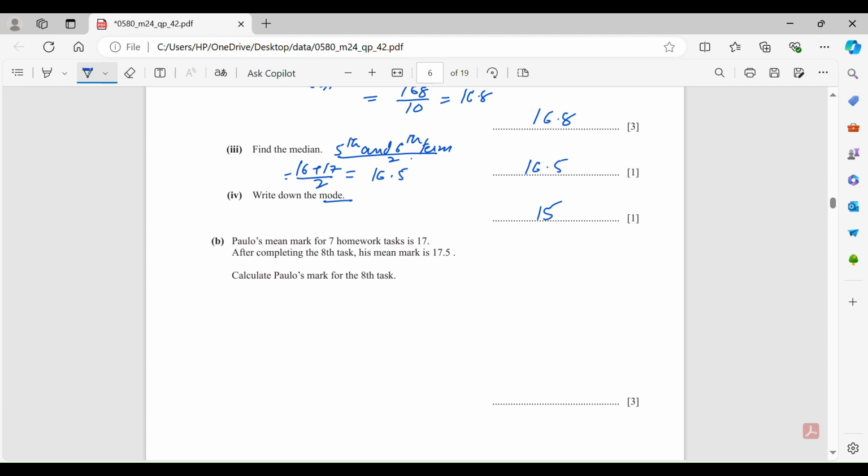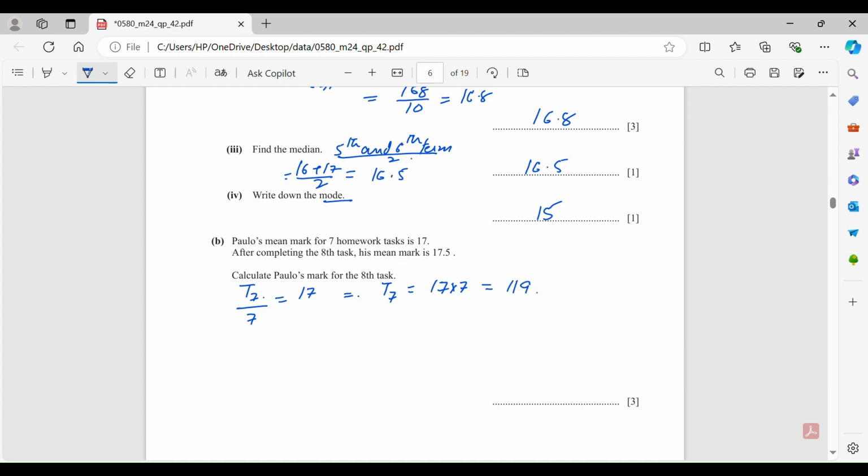So, for the mean mark of 7 homework tasks, total of 7 homework tasks over 7 is equal to 17. So total of 7 homework tasks will be 17 into 7, which will be equal to 119.